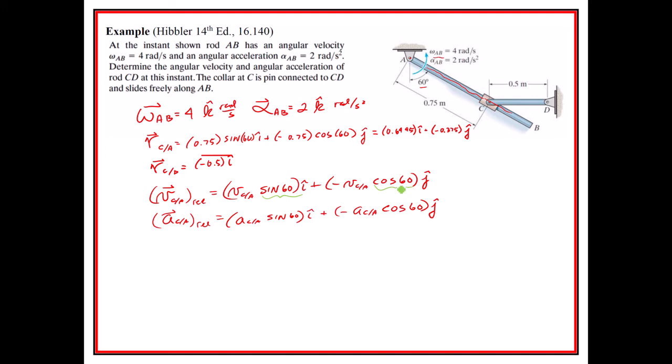I think some people actually memorize these: sine of 60 is 0.866, cosine of 60 is 0.5, and this is 0.5. Very familiar.